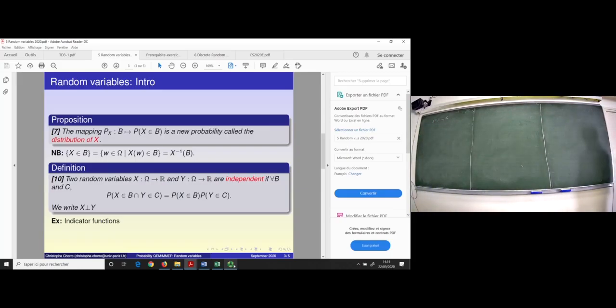A mapping is just something that transforms, or relates, if you want, one element. Each element in omega will be transformed into a single element in R. It means that you associate to any element here a real number, but a single real number, not 2, 3, 4, or 5.